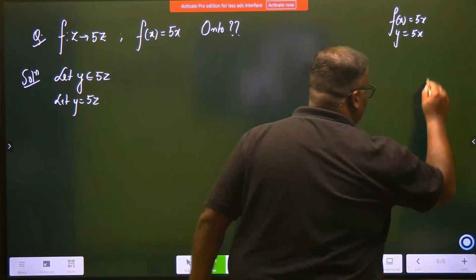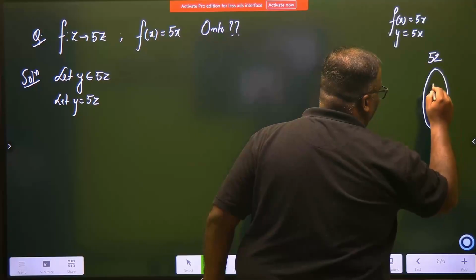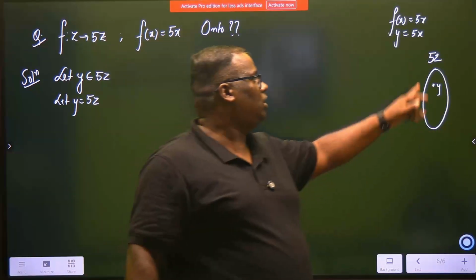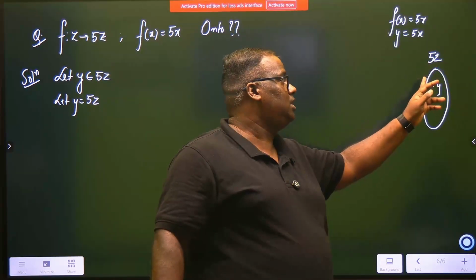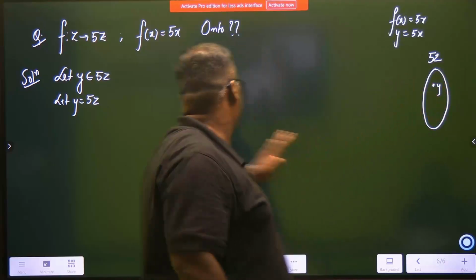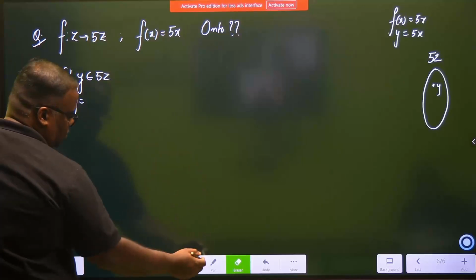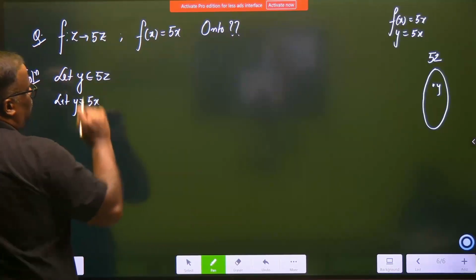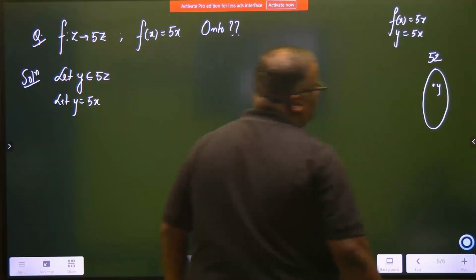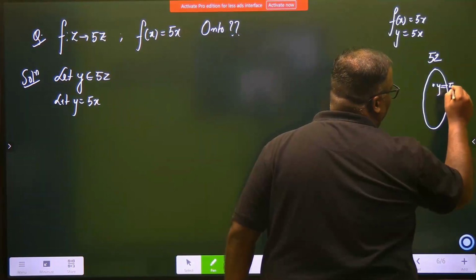You have taken your 5Z set and identified some arbitrary element y belonging to this, which is also the function value. The function is 5x, so y is equal to 5x. This much we have assumed. This is an element y which belongs to 5Z, and y is taken as the value 5x.